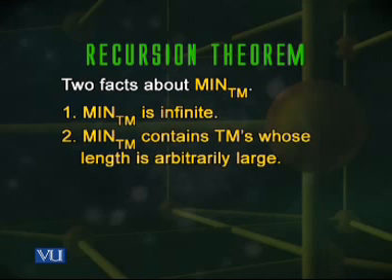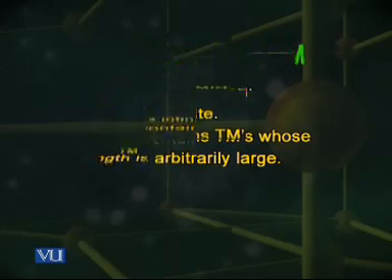The second little fact is that MIN-TM contains Turing machines whose length is arbitrarily large, because if there was an upper bound on the length of the largest Turing machine in MIN-TM, then MIN-TM would be finite. So the second fact is actually a consequence of the first fact.